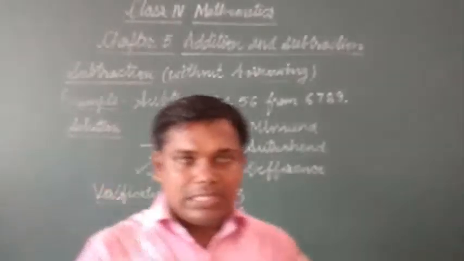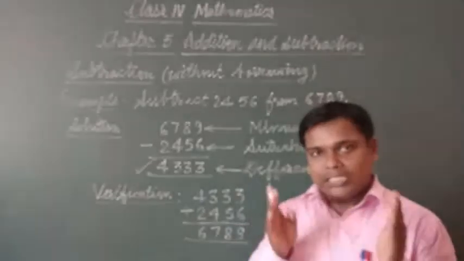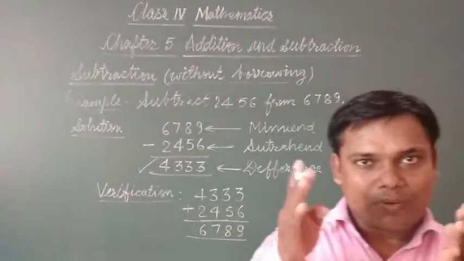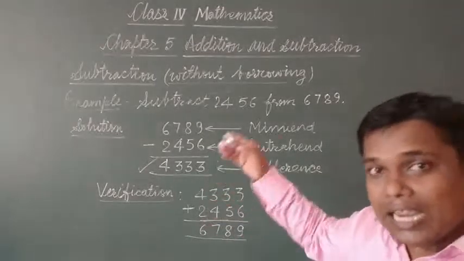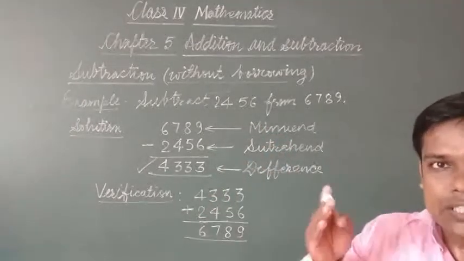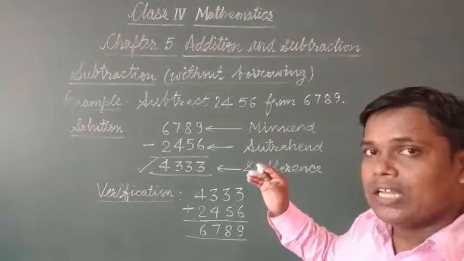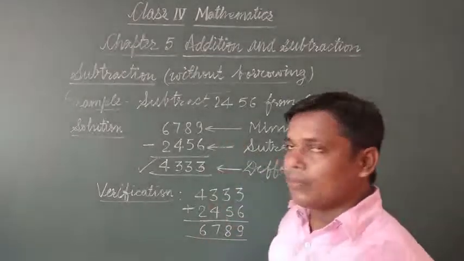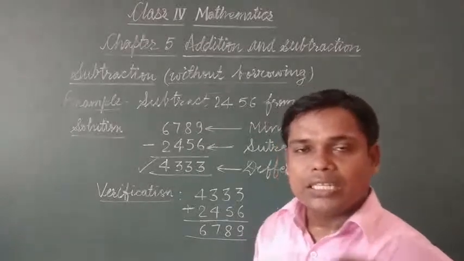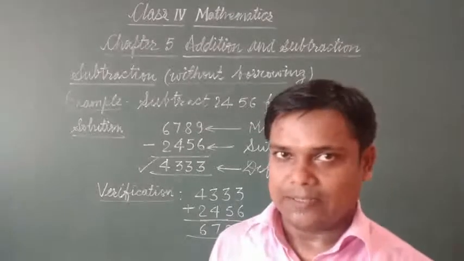So whenever a subtraction is given to you, or you are asked to find the difference, you will calculate the difference and add the difference to the subtrahend. If the sum of the subtrahend and difference equals the minuend, your difference is correct.